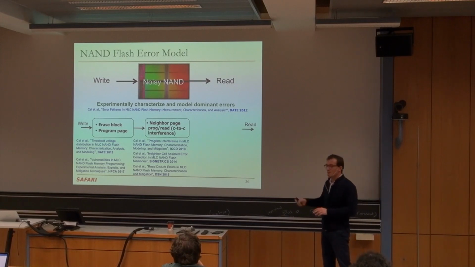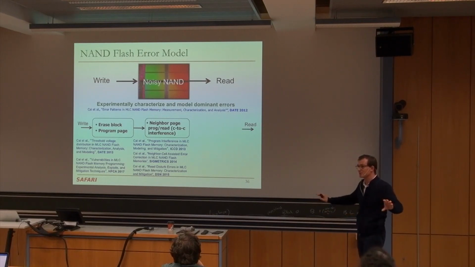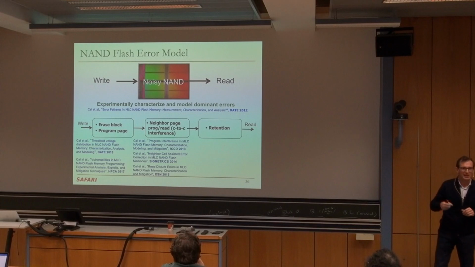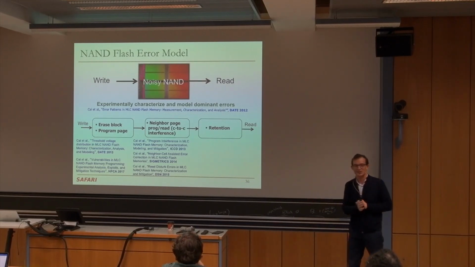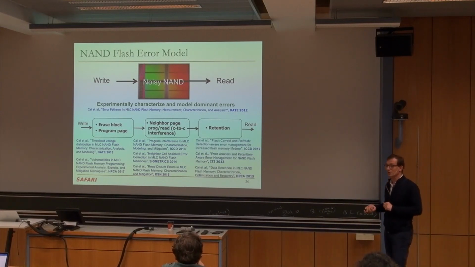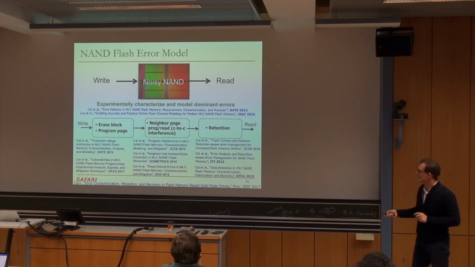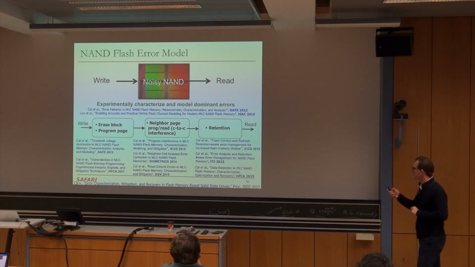A neighbor page, by the way, is any page around in the same block, so you actually have 256 minus 1 pages that can affect you while you're sitting there. And even if nothing affects you, you're subject to retention errors, because the data is sitting there and you may not read it for a really long time, and charge leaks. As a result, you have a retention problem, and you need to deal with that somehow also. So we're going to look at some of these errors, and as I said, all of these are described in that paper that I mentioned that I'm proud of.